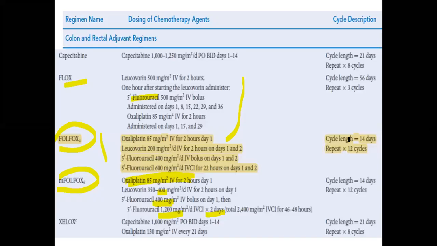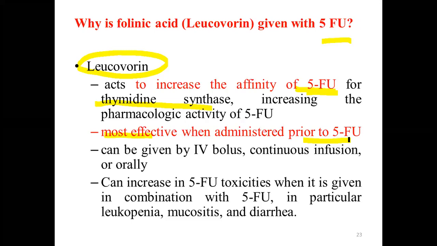That is why in the FOLFOX regimen, oxaliplatin along with leucovorin is usually given 2 hours before the infusion of 5-FU. And mostly we give them as intravenous bolus or continuous infusion.